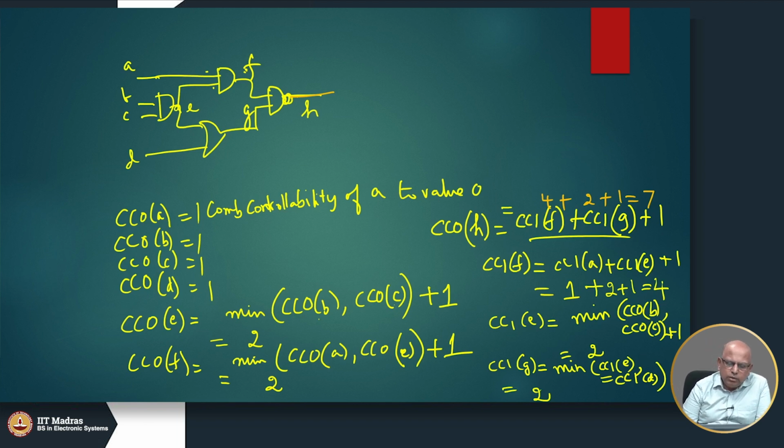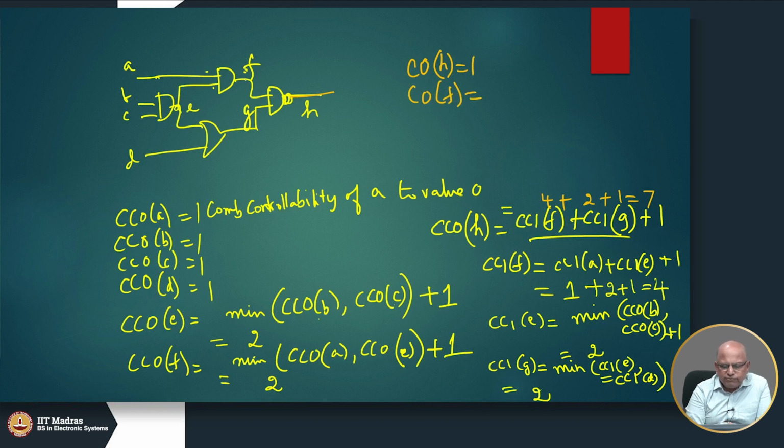We can do the same thing for observability. We can say that combinational observability of H is 1, because it is the primary output. What about the combinational observability of F?